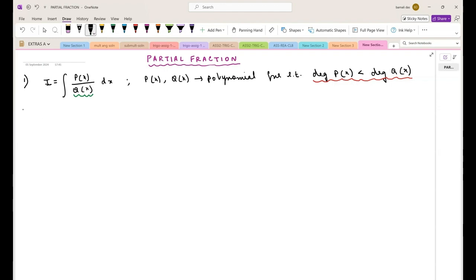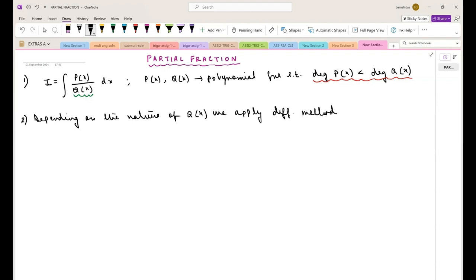So that is going to be the second point, that depending on the nature of qx, we apply different methods of partial fraction as discussed below.